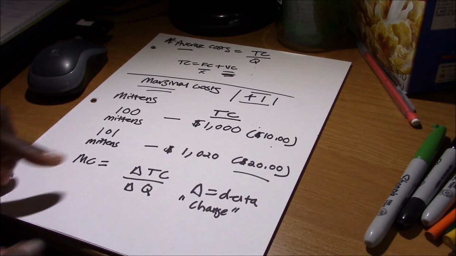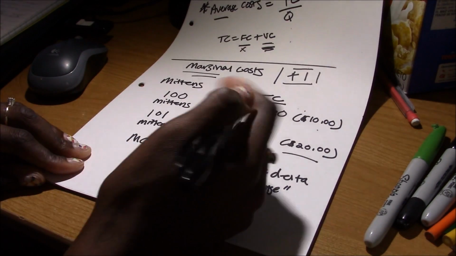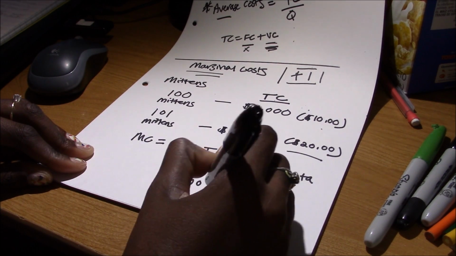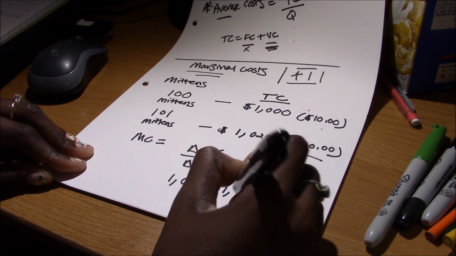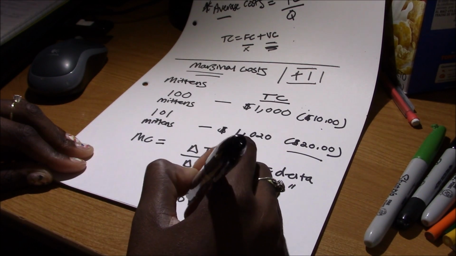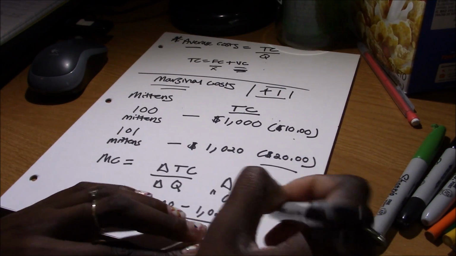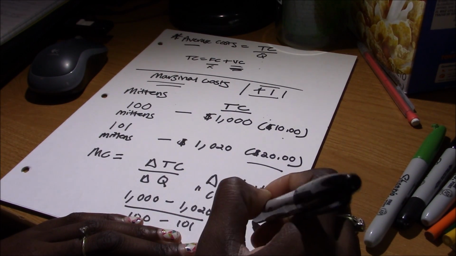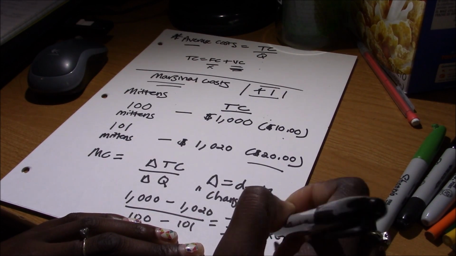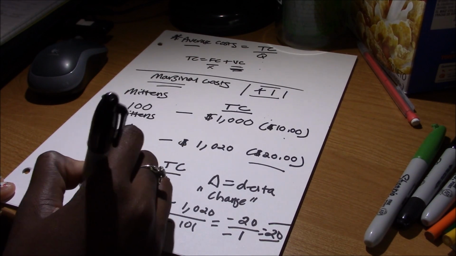So the change in total cost in this example, we went from 1,000 to 1,020. Divided by the change in quantity, we went from 100 to 101. So the change in this one was 20. The change in this one was 1. So our answer is 20. So this equals marginal cost.